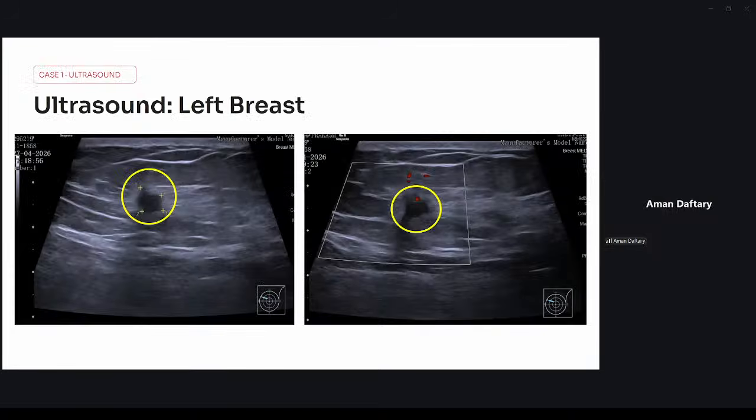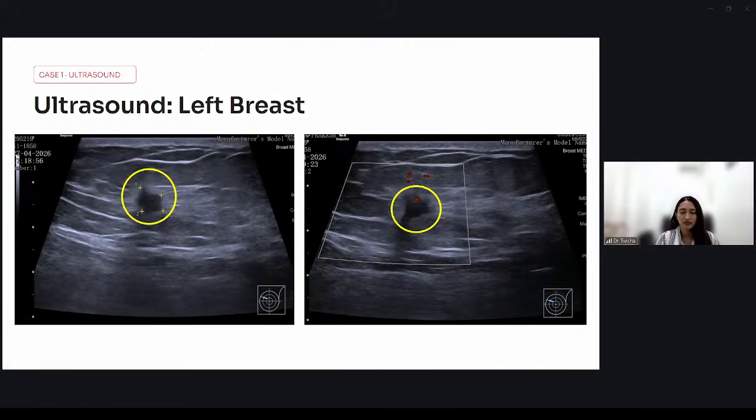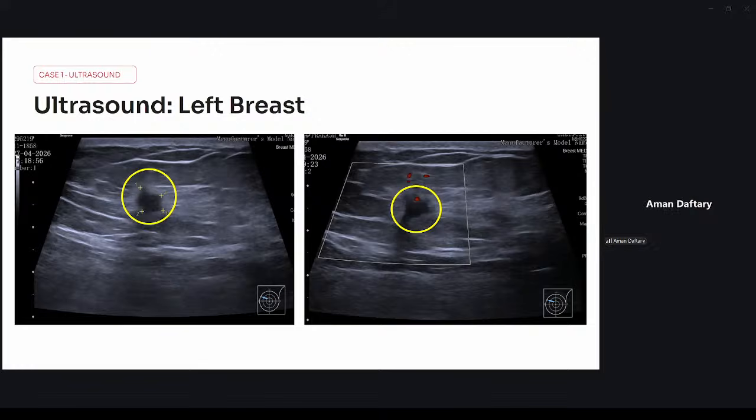Can I just add? On ultrasound, we can't talk about enhancing nodes. What we would talk about on ultrasound, more than the measurement of nodes, is the cortical thickening. In the Indian population, we often see enlarged nodes, which can go up to 2 centimeters and can be very normal. So it's important, if the radiologist hasn't told you that, to ask them, is there abnormal cortical thickening?